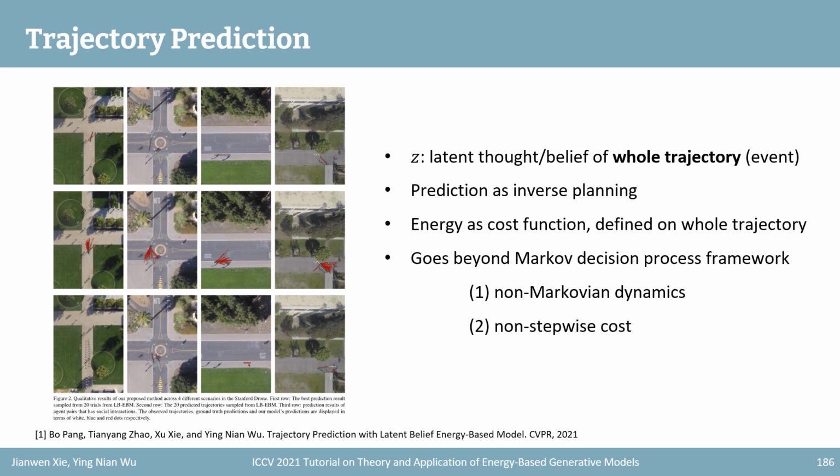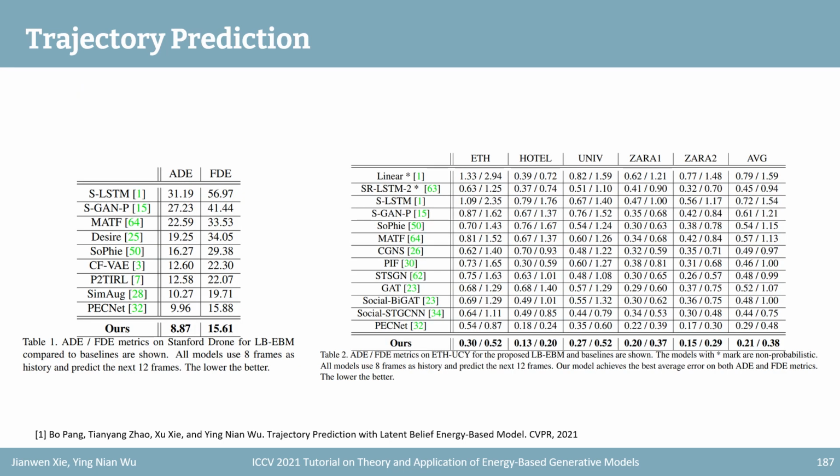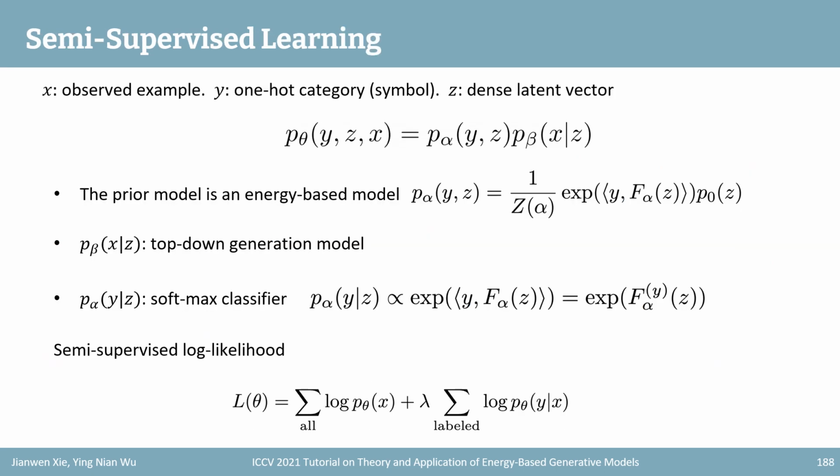It treats the whole trajectory as a whole thing that will be generated without this dynamic Markovian structure. Also, the value function is not a simple summation of stepwise costs. So this, I think, is a very useful generalization over the MDP framework, and it performed very well in terms of trajectory prediction.